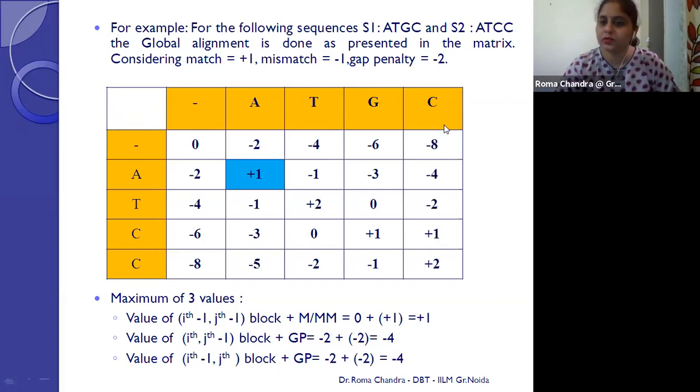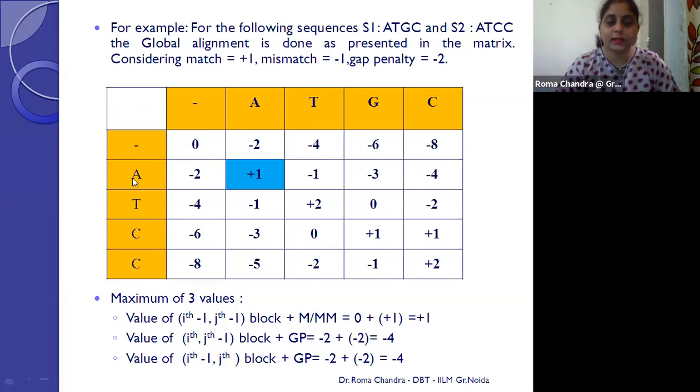It is a two-dimensional matrix basically. I have taken two sequences. One sequence is ATGC and my other sequence is ATCC. I am trying to align both these sequences. I kept them like this: one is kept at the row end and the other at the column end.